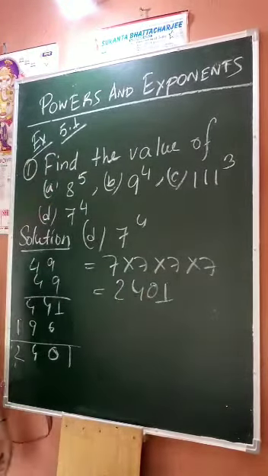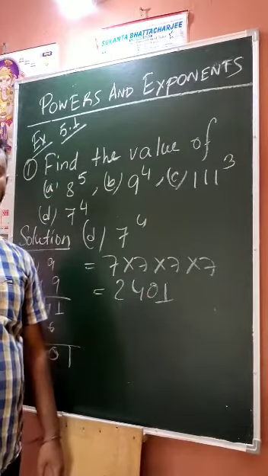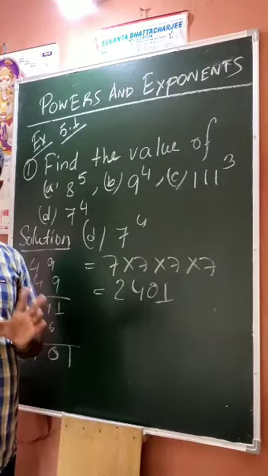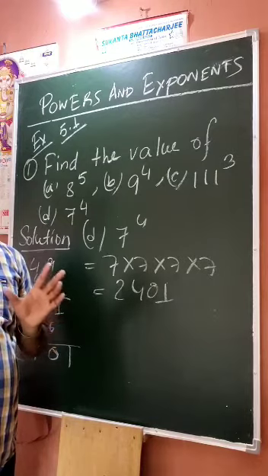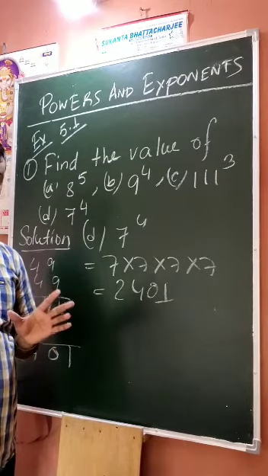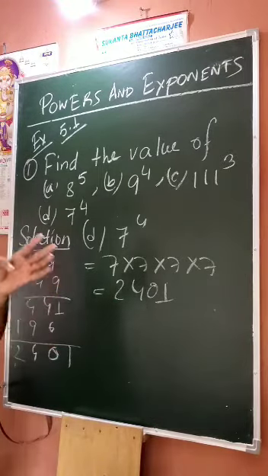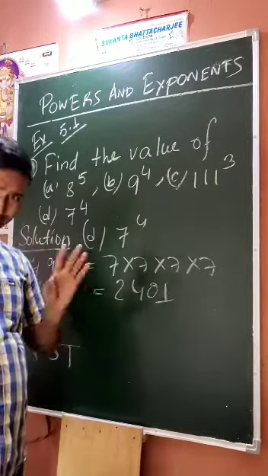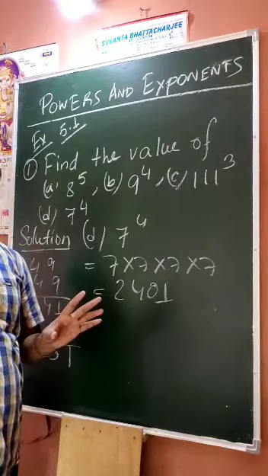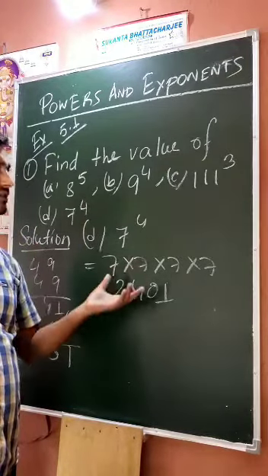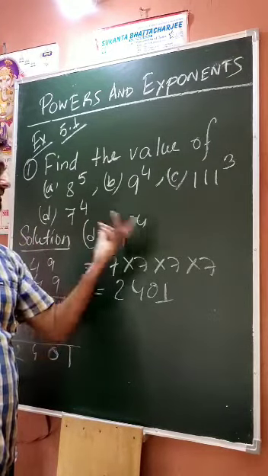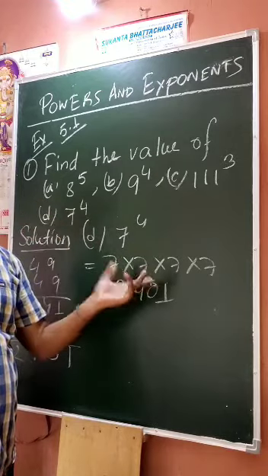Okay. So I think all of you understand what the exponent is and what the power is. Using exponents and powers you have to solve lots of questions. In class 7 you just get some use of the formula and take the value, you just have to write the notation like that.